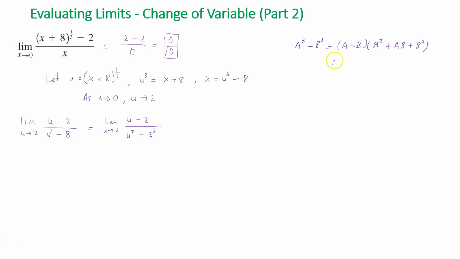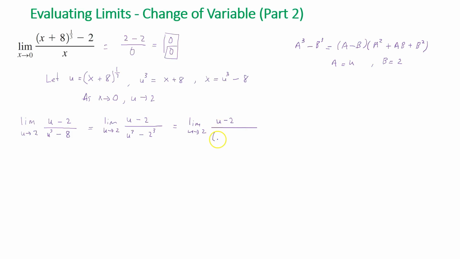Now in this situation, a is going to equal u, and b is going to be 2. So now factoring this, the limit as u approaches 2, u minus 2 on top.